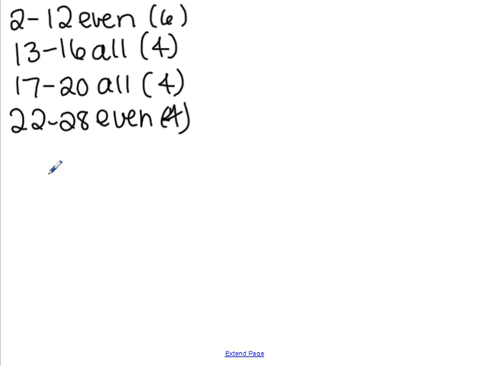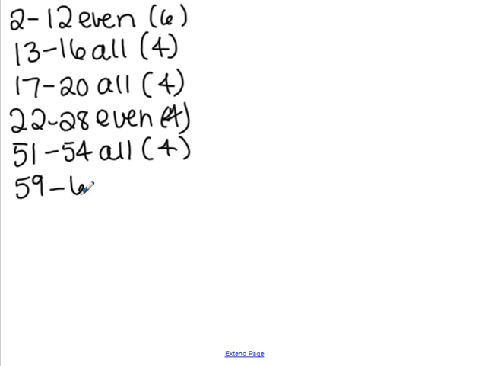You're going to do 51 through 54 all, which is 4 problems. And you're going to do 59 through 62 all, which is 4 problems. It's in your book under section 4.8.